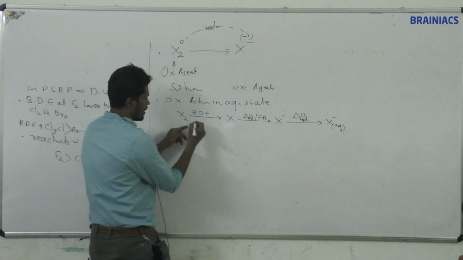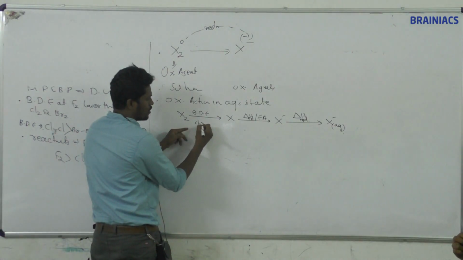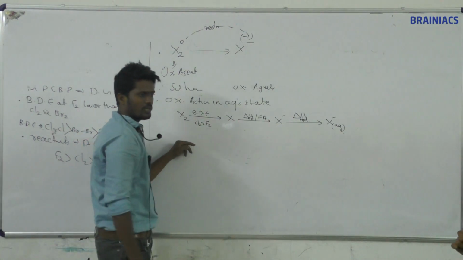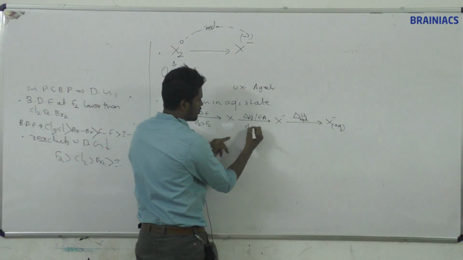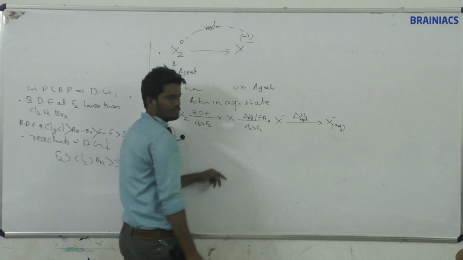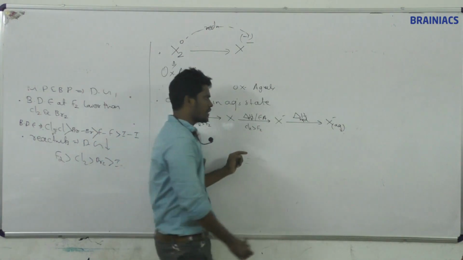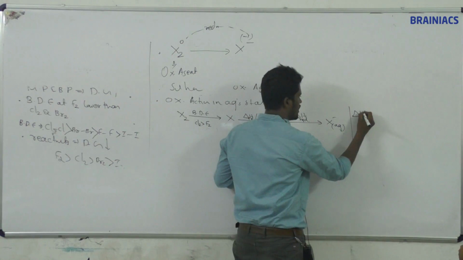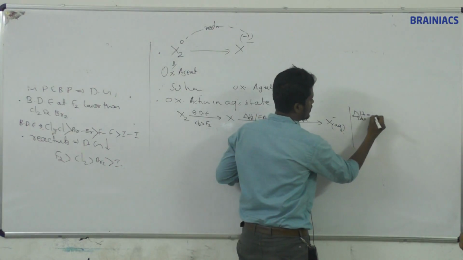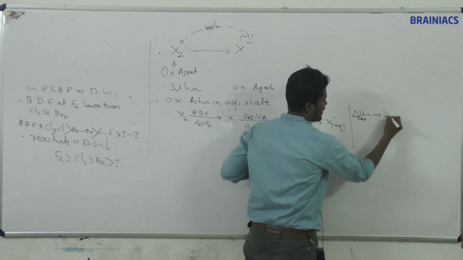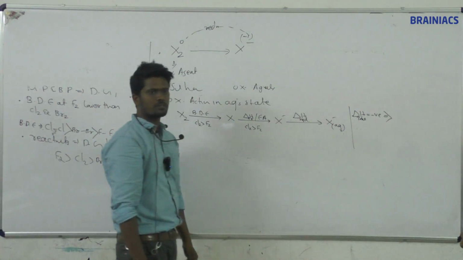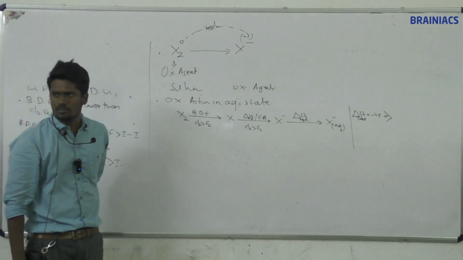So here we have the bond dissociation energy of Cl2 greater than that of F2, and the electron gain enthalpy of Cl2 greater than that of F2. So the total enthalpy is negative, that is, delta H total is negative. Which is more stable, product or reactant?